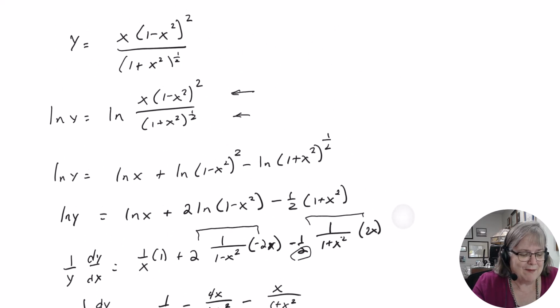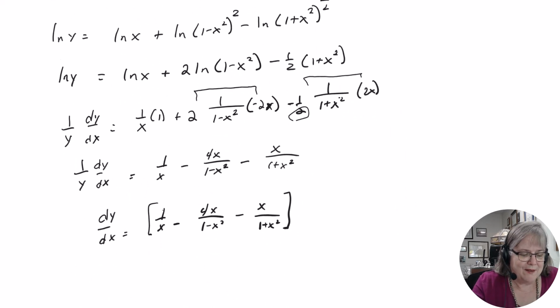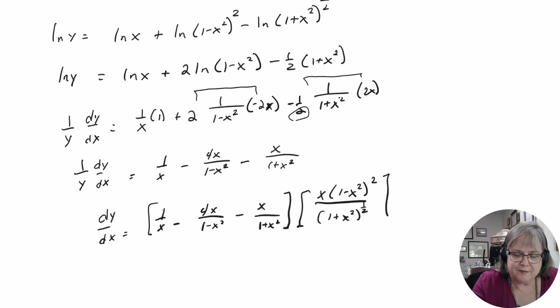Okay, y is that mess that's way up there, and it looks something like this. x times 1 minus x squared over 1 plus x squared to the 1 half.